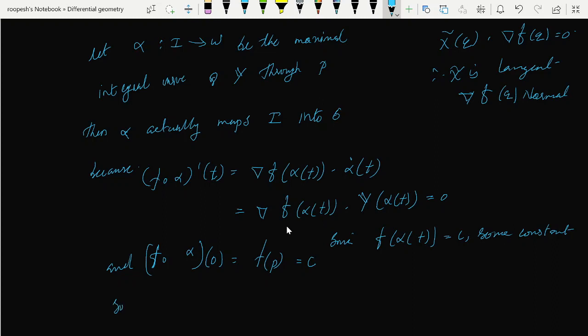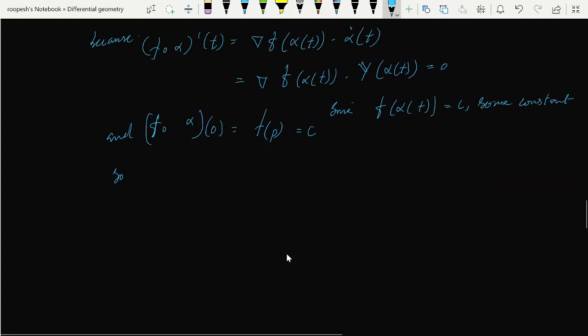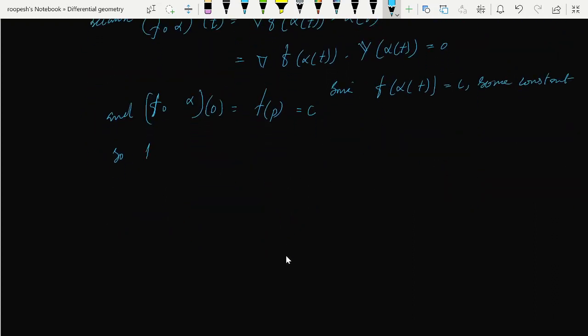So what you conclude is F composition alpha of t is equal to c for all t belongs to I. Now for condition 1, what was first condition?